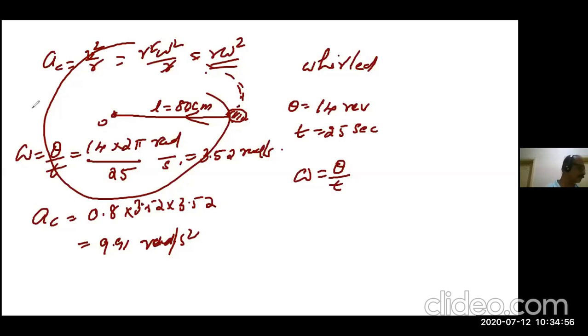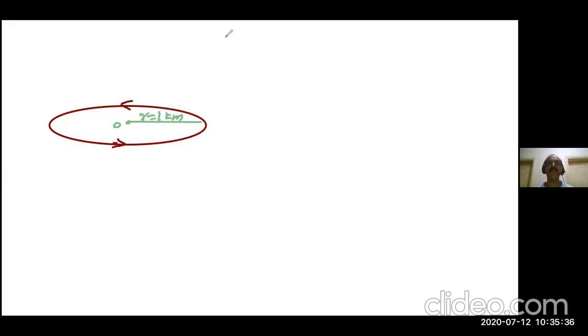Is this over? Yes, sir. Next question. An aircraft executes a horizontal loop of radius 1 kilometer with a steady speed of 900 kilometer per hour.